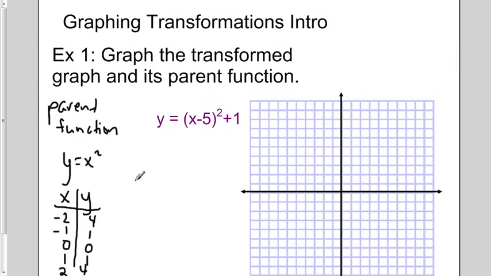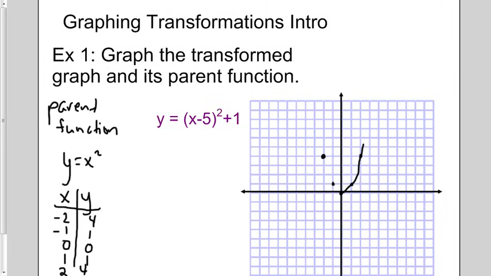So let's graph this parent function. We'll do this in black. So -2, positive 4, -1, 1, 0, 0, 1, 1, and 2, 4. And so it's going to look something like this. That looks terrible.